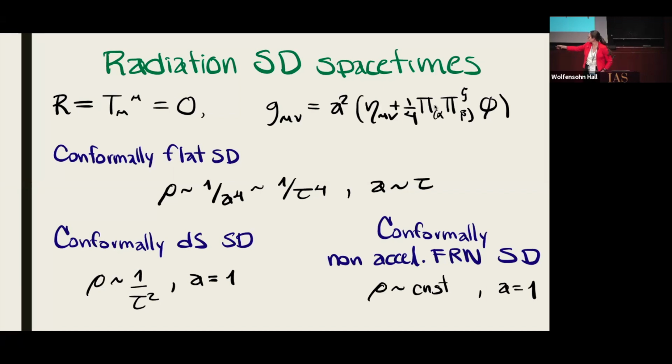So in this case, it's like 1/τ², not the standard case. Or in this case, it's just constant, but non-zero. Again, not the standard case. But it's interesting, since this has a lot of scale invariance hidden, that these radiation spacetimes arise not only in one of the conformal classes of metrics, but in all 3 of them.